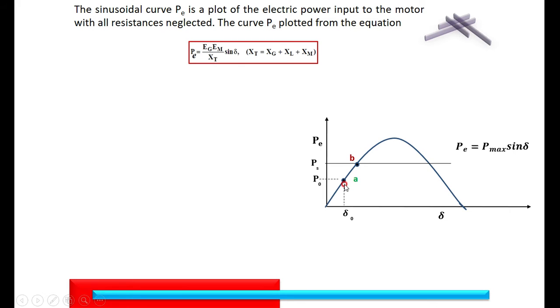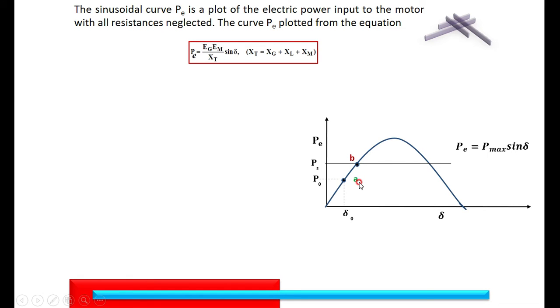Now, electrical input is less, mechanical output is more. In that case, there is a deceleration. Because of that, the speed is decreasing. However, angle delta goes on increasing from A to B. But when it is reaching B, both the mechanical output and the electrical input become equal.